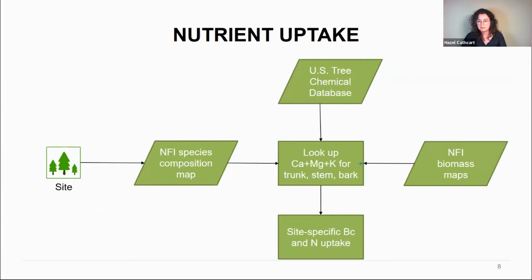I built a script that looks at species composition and base cation and nitrogen content for each tree species by component, and also using the biomass estimates to calculate the total uptake. An assumption was made that biomass and species composition were related, however, that's not certain. And some other assumptions were made that harvesting includes removal of trunk, bark, and stems, omitting foliage, but that's probably a bit of a simplification. And these regions were trimmed to harvestable region boundaries.